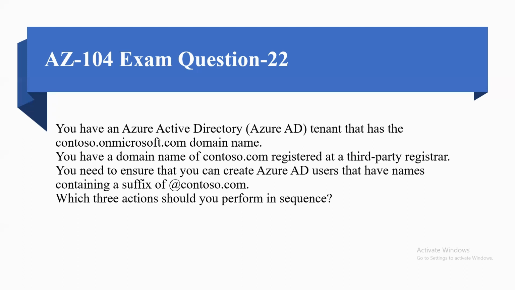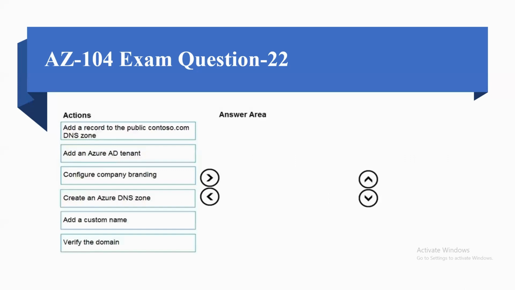Which 3 actions should you perform in sequence? So these are the actions. Actions are: add a record to the public contoso.com DNS zone. Second, add an Azure AD tenant. Third, configure company branding. Fourth, create an Azure DNS zone. Fifth, add a custom name. And sixth, verify the domain.